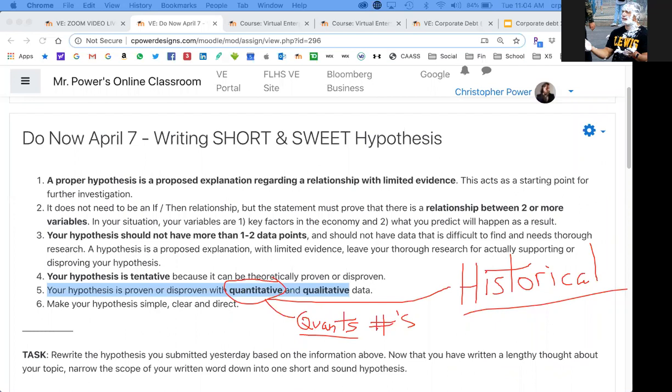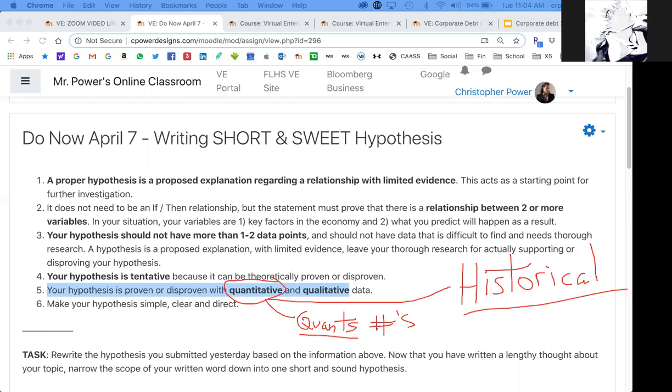Why is quant historical? Sabrina, Serena, Mary, why is it historical? Don't all jump at once. Why is quantitative data historical? Ethan, go ahead.